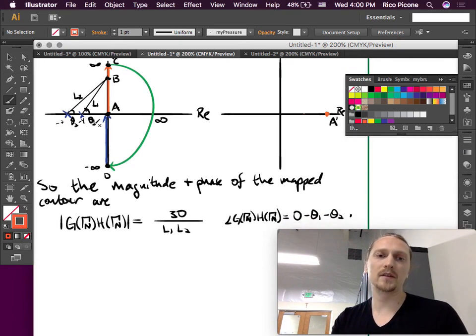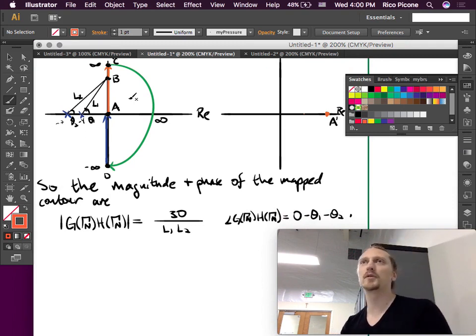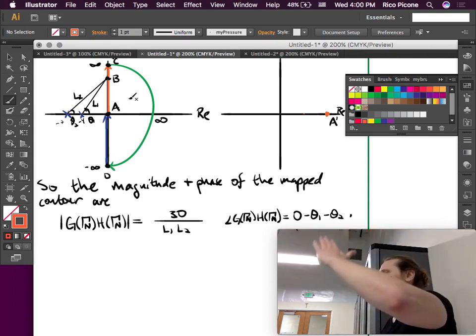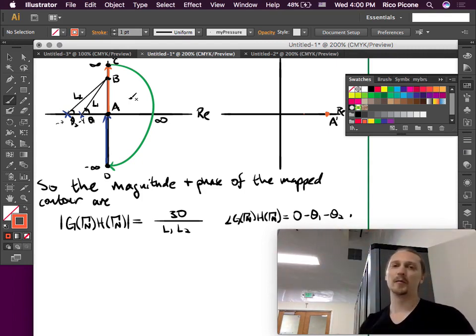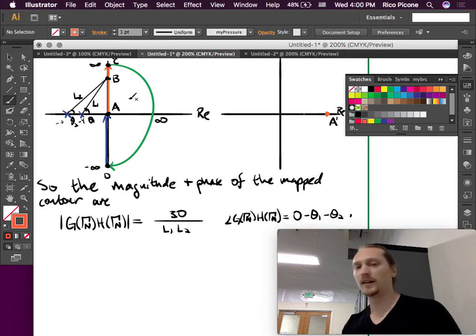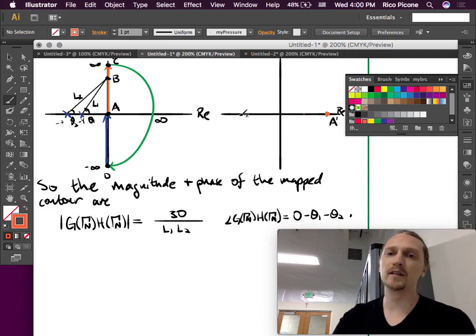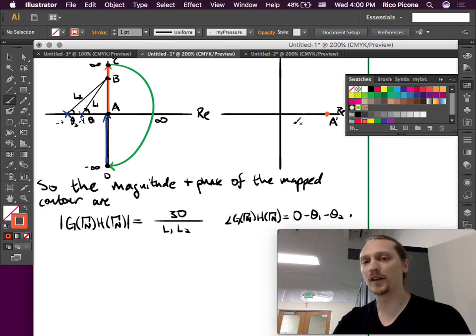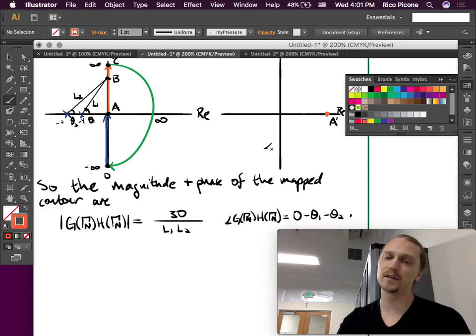Right, so these theta 1 and theta 2 increase, and since we're going up to positive infinity, they're going to approach 90 degrees, right? And it's going to get more and more vertical as we go off to infinity. So the total angle contribution after we do that is going to be -180 degrees, right? Negative pi. So we know we're going to end up somewhere over here on the negative real axis. Negative 180 degrees. It's going to swoop through this negative region because it's going from 0 to -180 degrees.